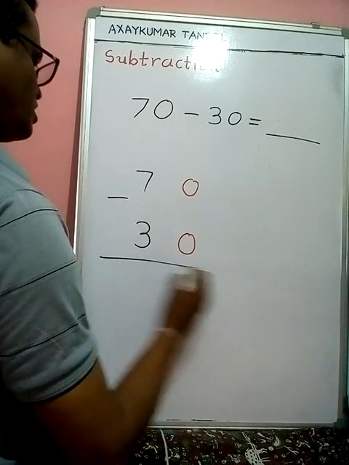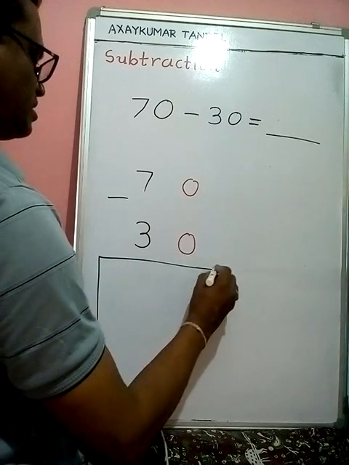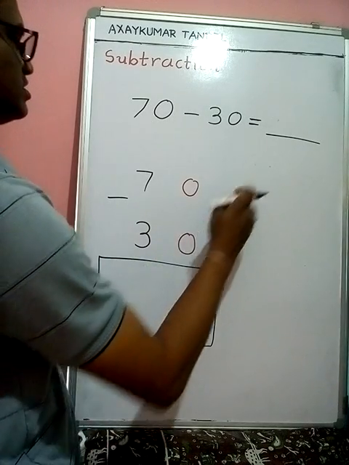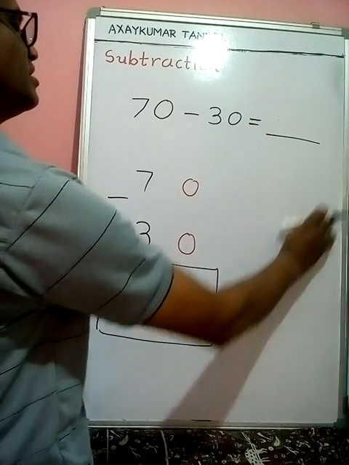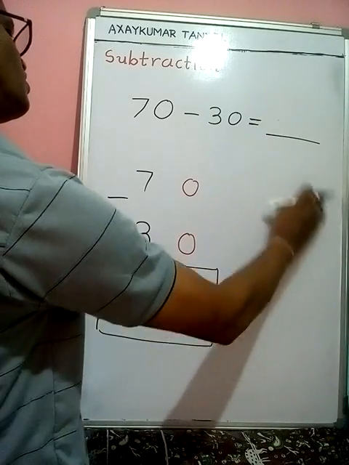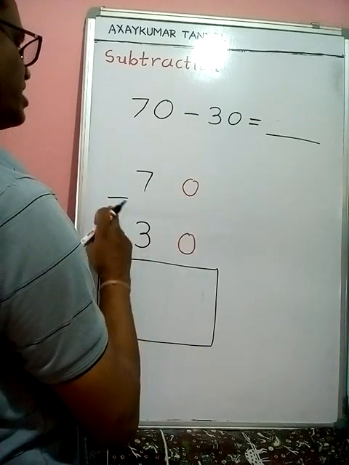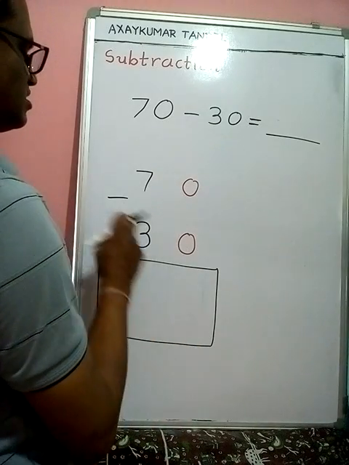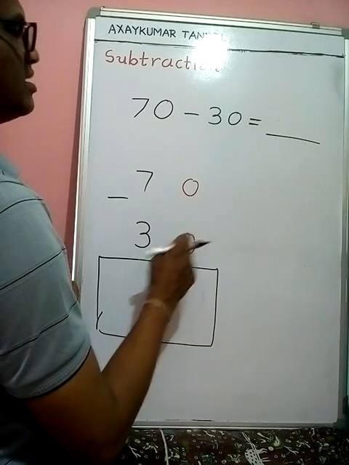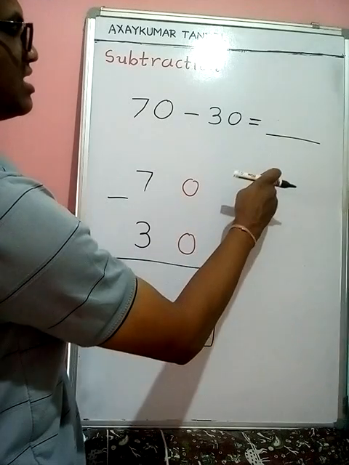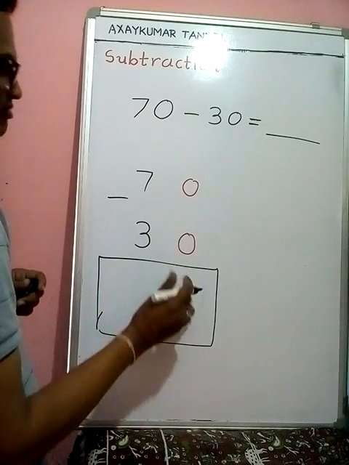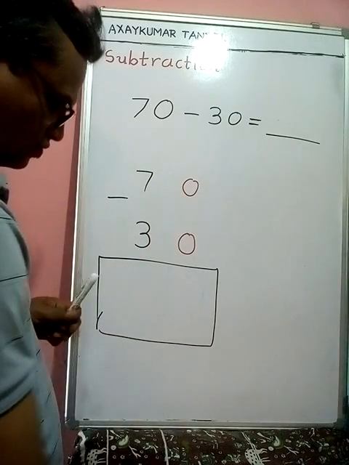Now we subtract. 0 minus 0. 0 means here is nothing. Empty space. We cannot draw 0 lines. Minus 0. We not cut any lines. Barabar? Not draw any lines, not cut any lines. Therefore, result is 0. 0 minus 0 is equal to 0.